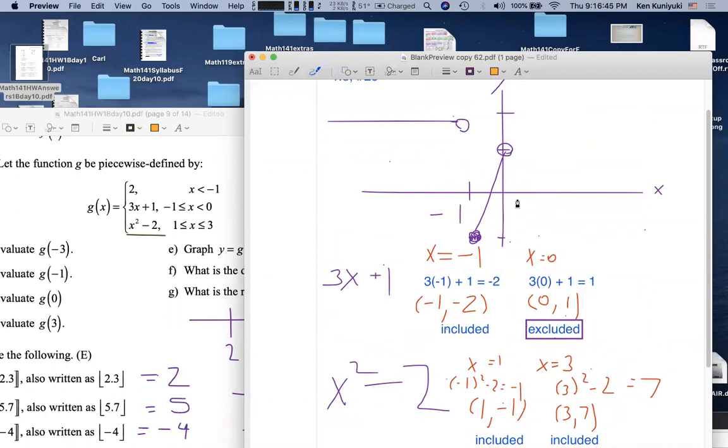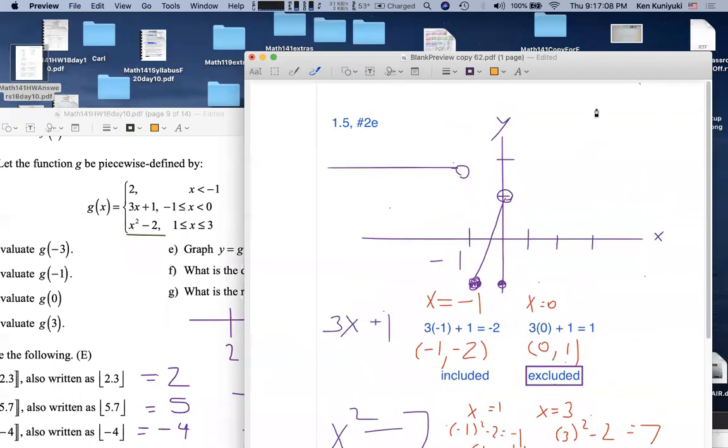See where we see. 1, negative 1 is included. That's over here. We're still past the VLT. And then 3, 7 included.